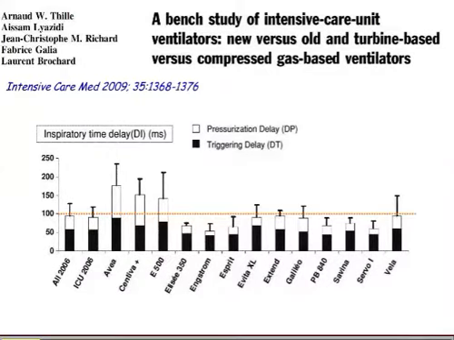The ventilators we have today, as shown very nicely by this recent study, all have very sensitive triggering systems, because if we look at this bench test, which was done by Laurent's team, you can see that almost all ventilators have a response time which is below 100 milliseconds. 100 milliseconds is important because above 100 milliseconds, we become conscious of our respiratory actions.